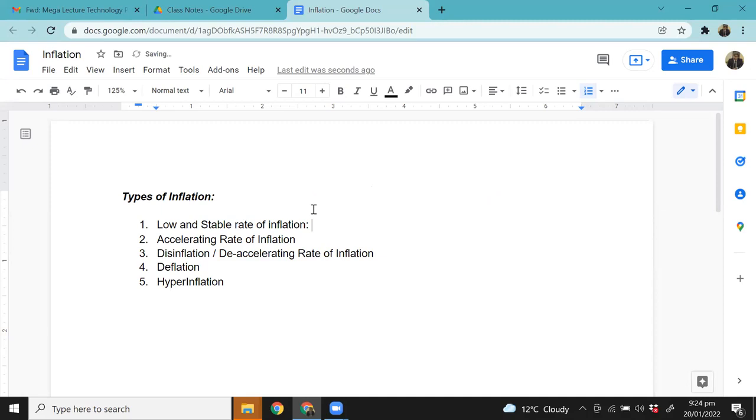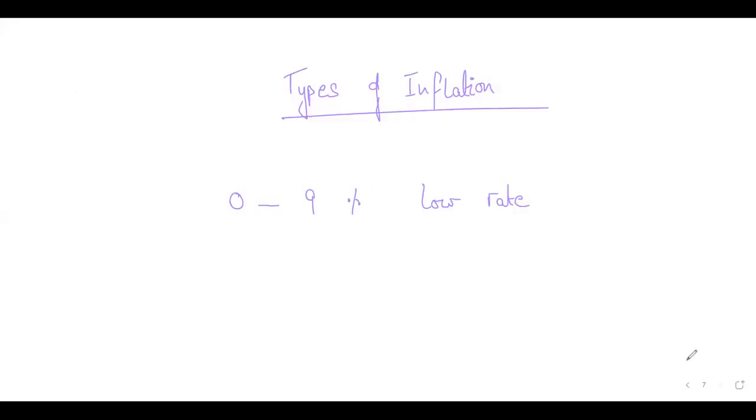Exactly. So if I have to show you a quick graph so that you get a better idea, let's say there is this graph of inflation with time on the x-axis and inflation rate on the y-axis. The time could be in months or years or whatever.